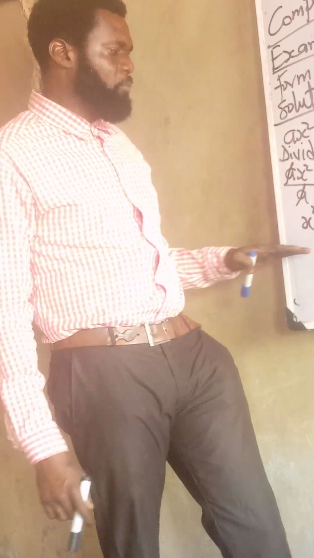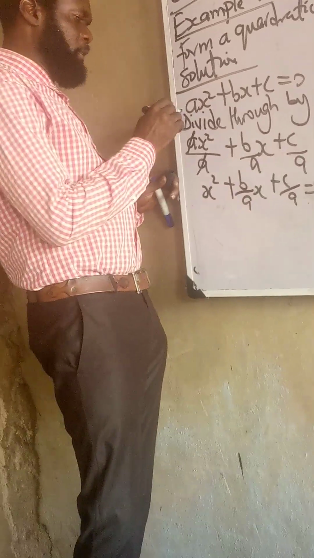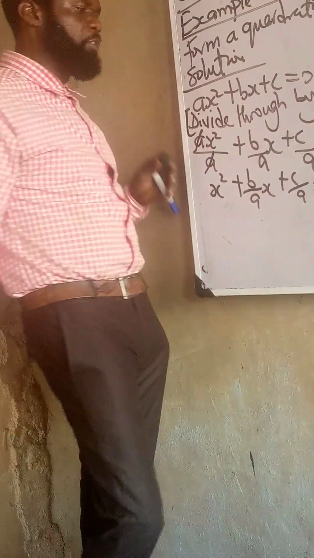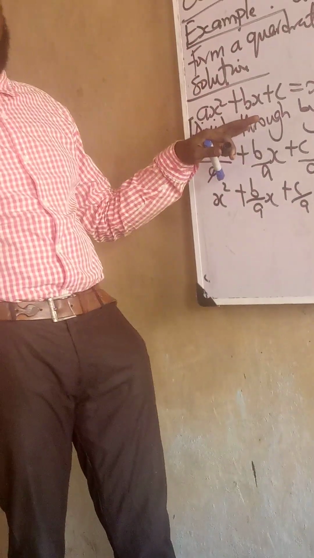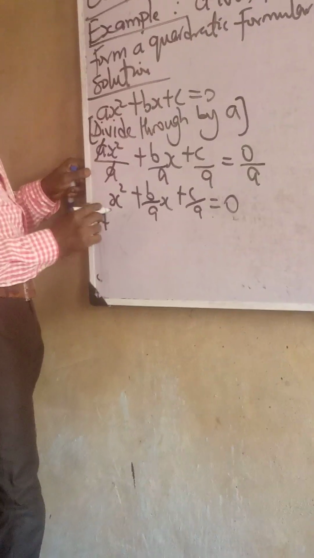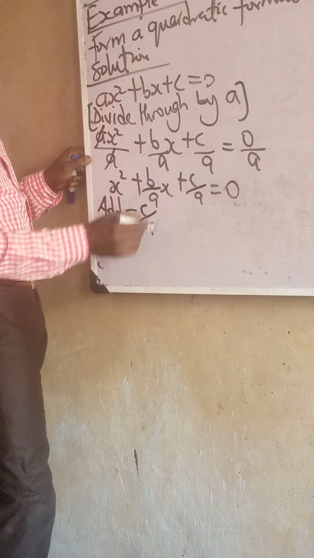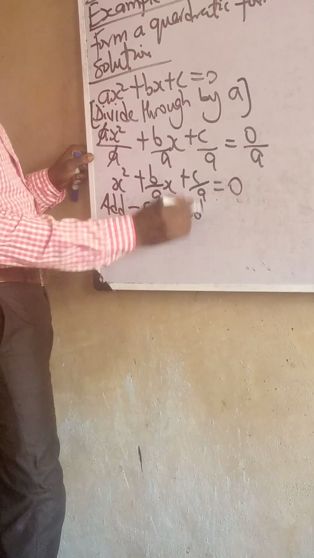After this, the next step. Look at the first step that I made mention of earlier: you divide through by a, that is the first step. Then the second step simply means you are going to add minus c all over a to both sides.